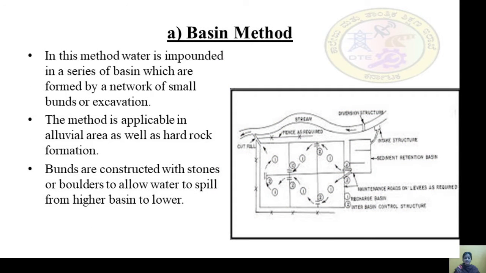The next method is the basin method. In this method, water is impounded in a series of basins which are formed by a network of small bunds or excavation. You can see the series of basins.